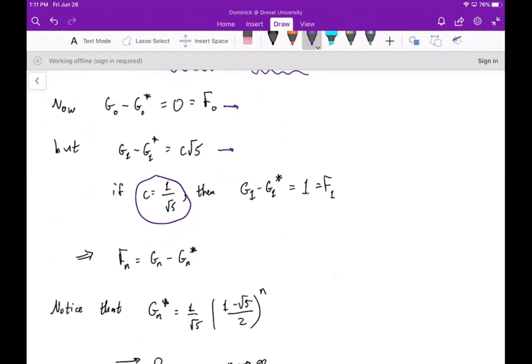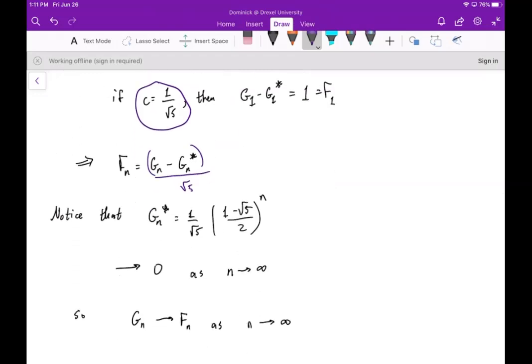So now we can get the nth Fibonacci number by taking g sub n minus g sub n star and dividing it by square root of 5.